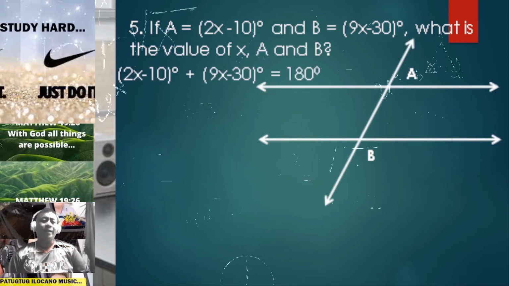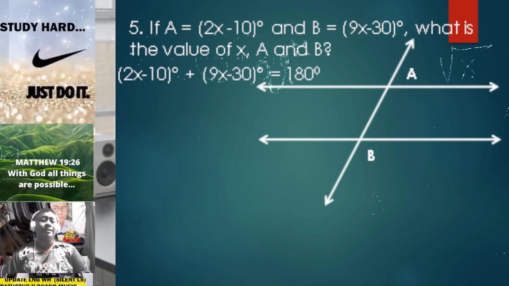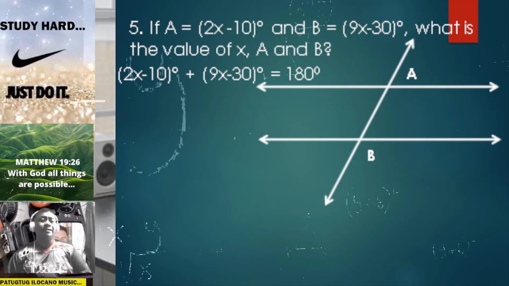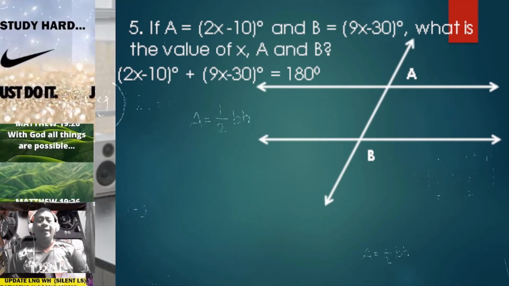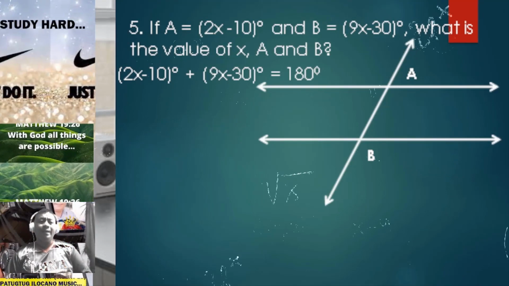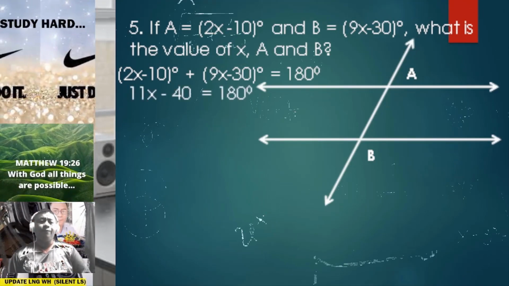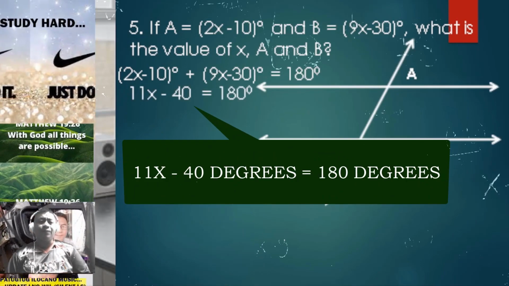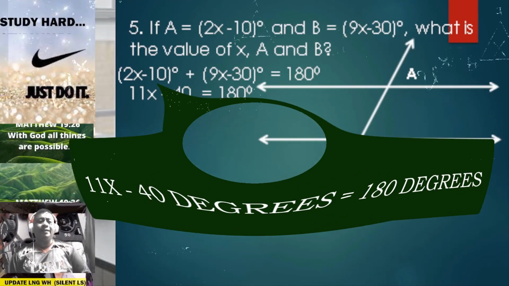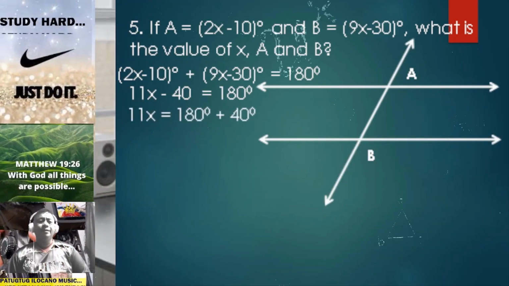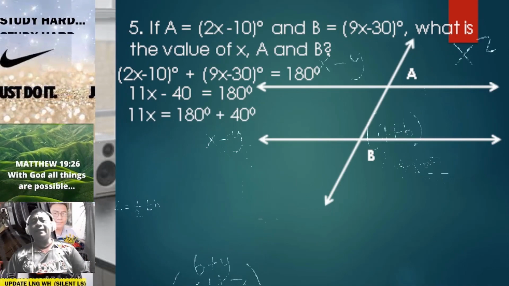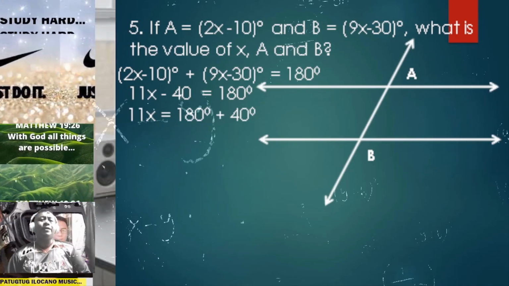So we have 2x minus 10 quantity degrees plus quantity 9x minus 30 degrees is just equal to 180 degrees. Simplifying further, combining similar terms, we have 11x minus 40 is equal to 180 degrees. Simplifying further, we have 11x is equal to 180 degrees plus 40 degrees.